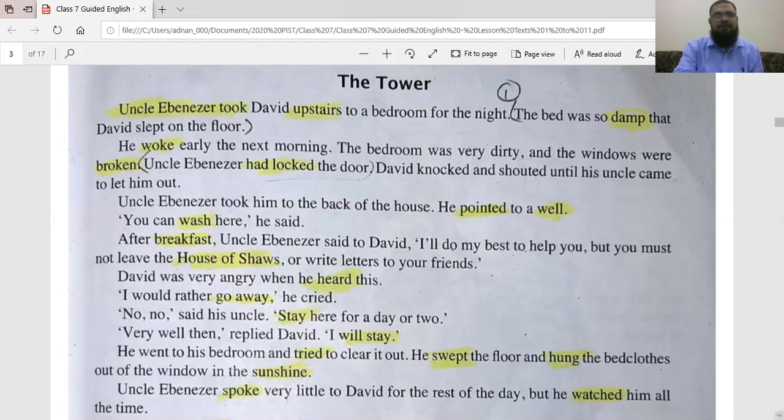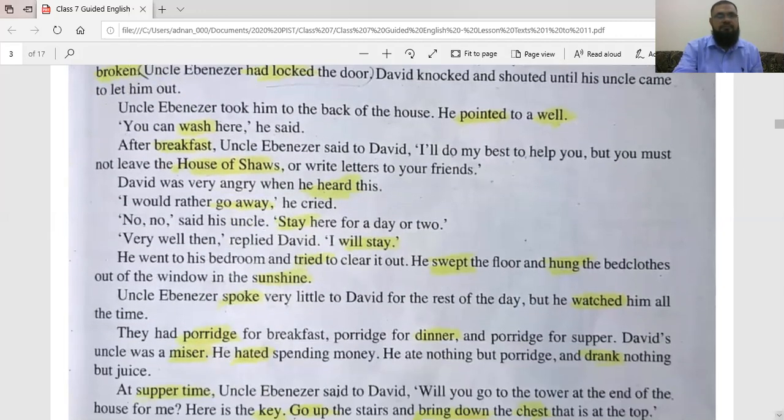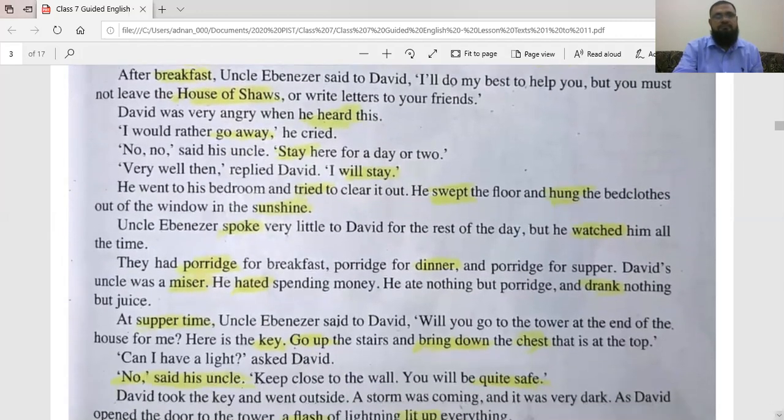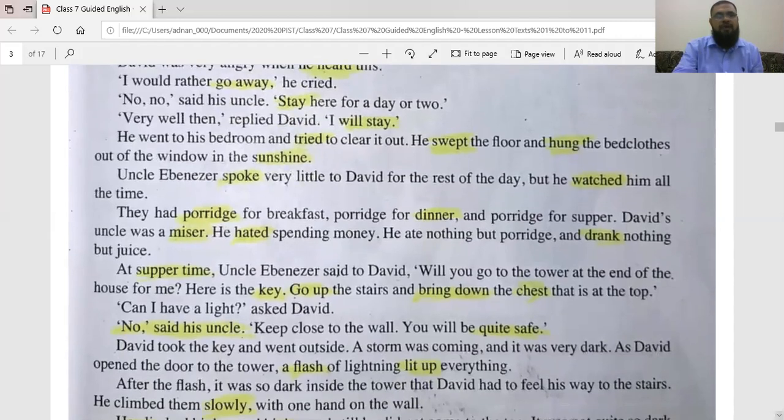After breakfast, Uncle Ebenezer said to David, "I'll do my best to help you, but you must not leave the House of Shaws or write letters to your friends." David was angry when he heard this. "I would rather go away," he cried.